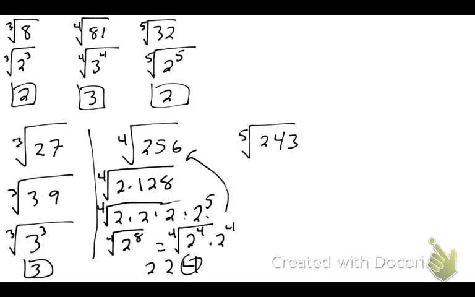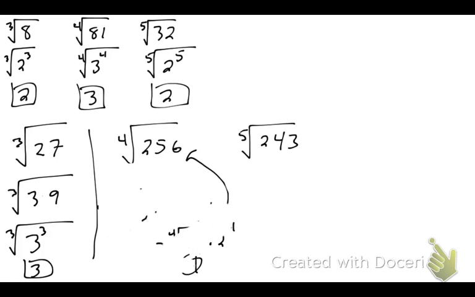Let me erase this and think about it a different way. The other thing that you'll find with this 4th root problem is that 256 is 4 to the 4th. And that's the benefit of having a lot of these memorized.